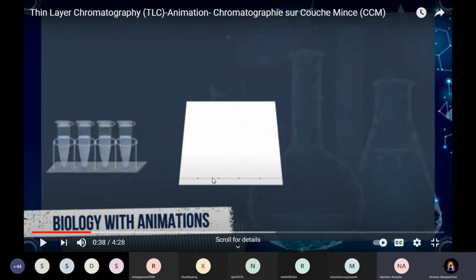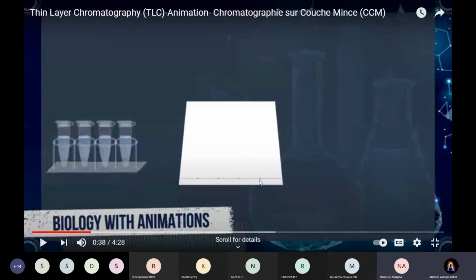We have to actually draw a line with pencil, and then consider the number of samples, the number of mixtures we have. If suppose we have one mixture that contains 3 samples, then we will have 4 spots that we have there, we can see we have four spots.